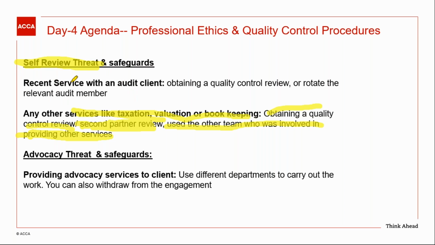The self-review threat, the generic definition, is reviewing your own work, auditing your own work. So what are the safeguards?